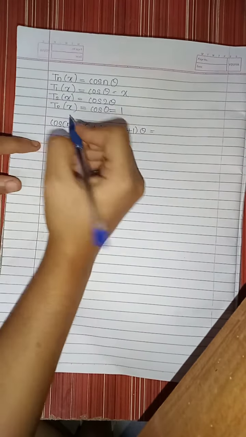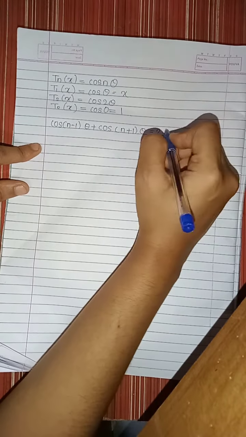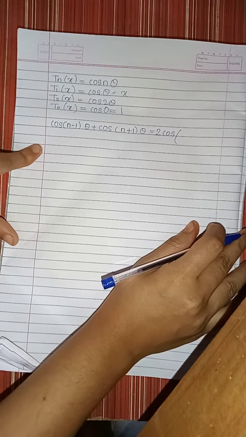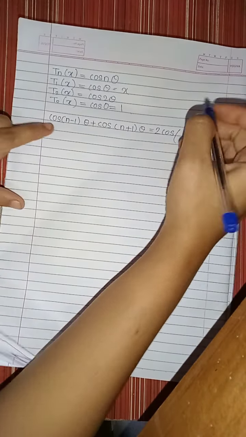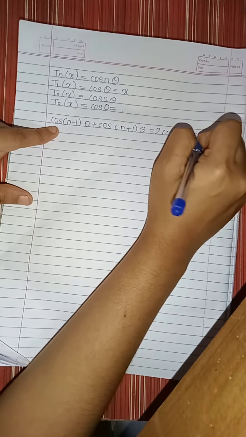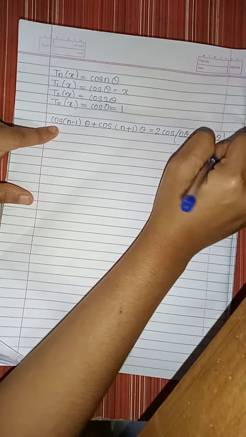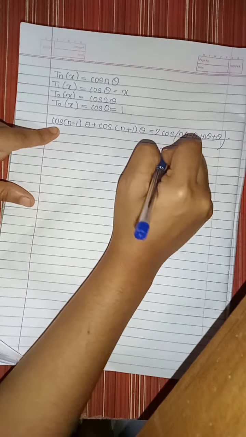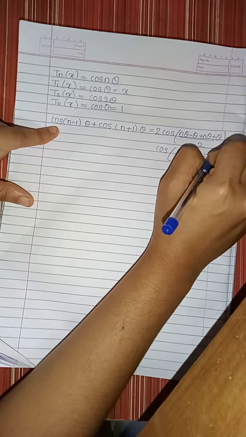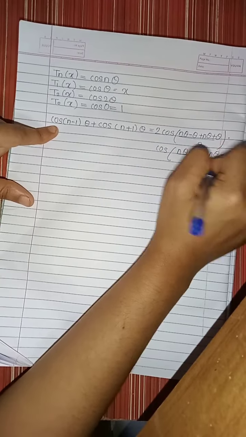It is like cos A plus cos B, so we have the formula 2 cos of (A plus B) by 2 into cos of (A minus B) by 2. So (A plus B) by 2 gives us (n theta minus theta plus n theta plus theta) by 2, into cos of (n theta minus theta minus n theta minus theta) upon 2.